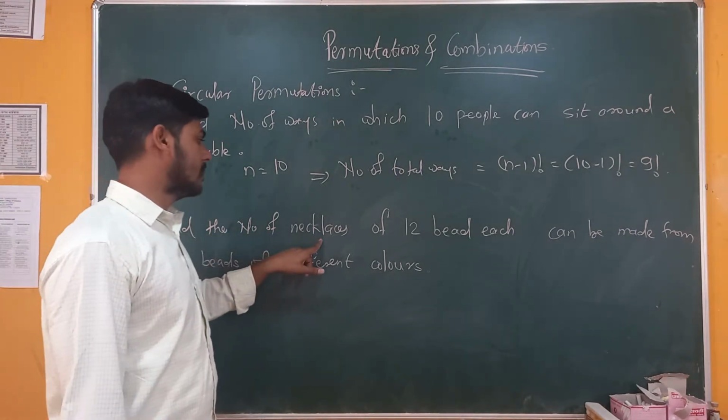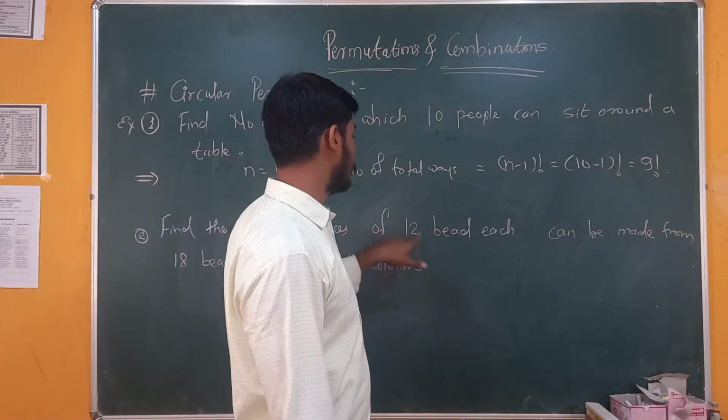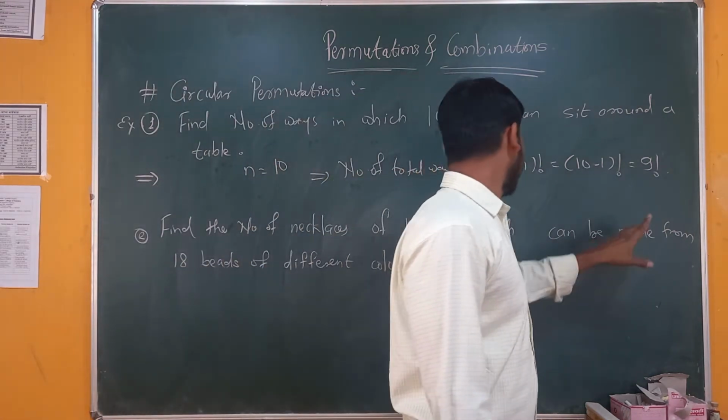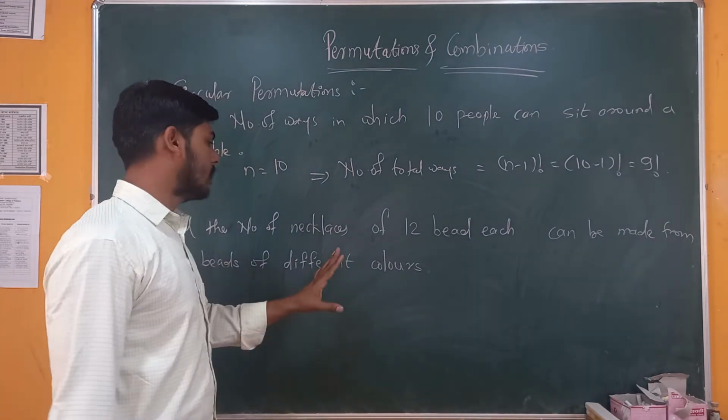Find the number of necklaces of 12 beads each that can be made from 18 beads of different colors.